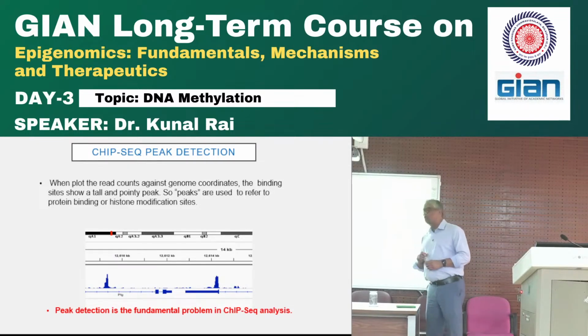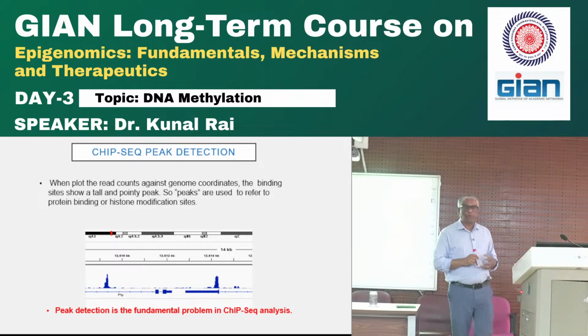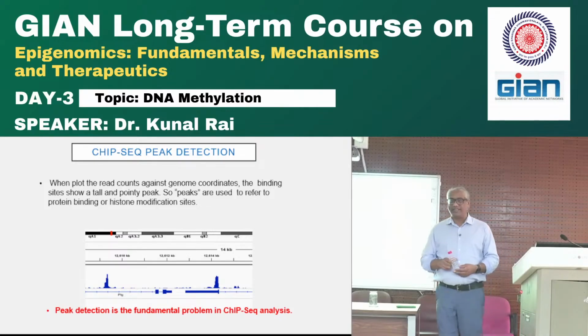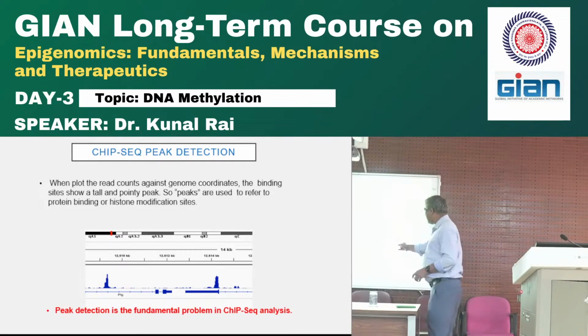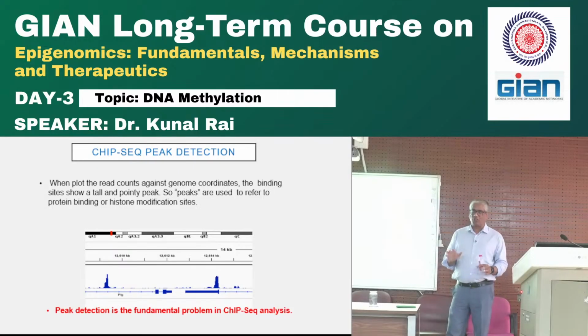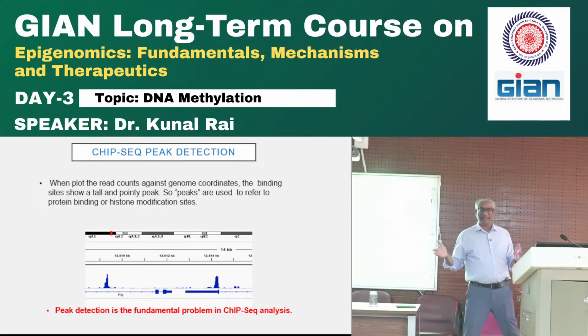So peaks are used to refer to places where protein binding or histone modification is there. Okay, very simple. And eventually you're trying to get a peak like this. That's your goal. So peak detection is the fundamental problem in an analysis of ChIP-seq data or cut and run data or anything like that, which is DNA binding.